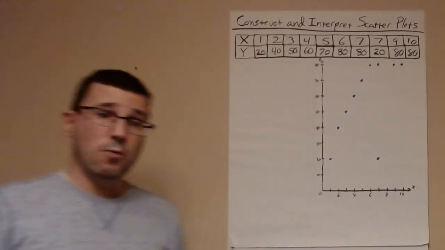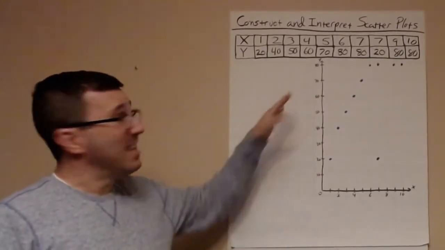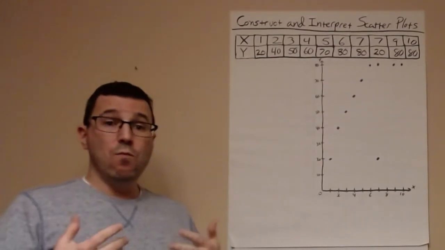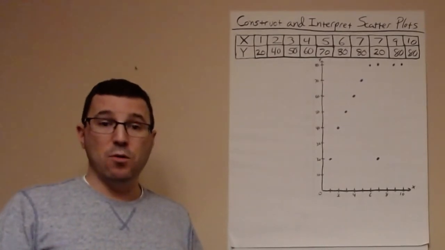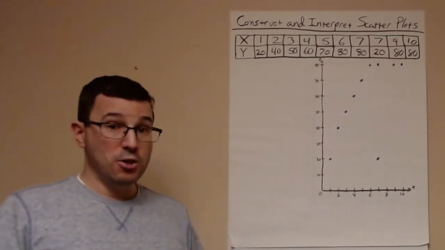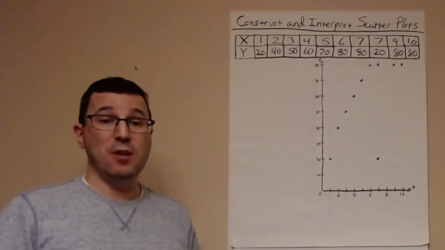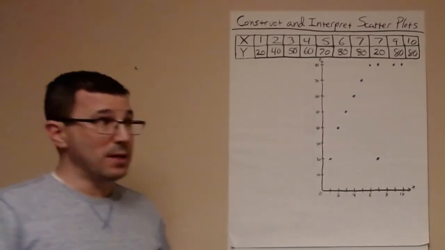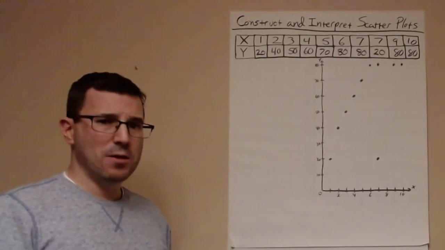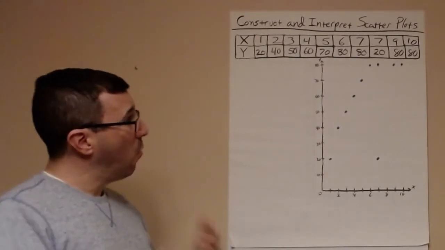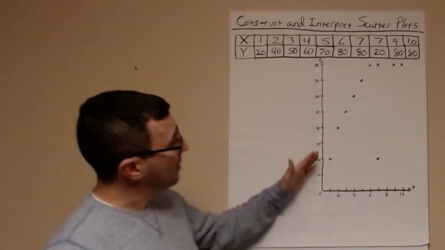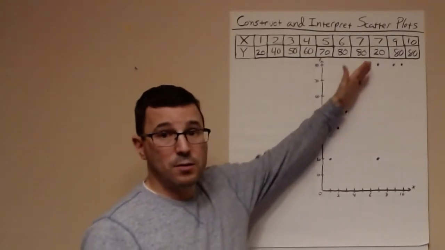And what we'll notice is that in this case we can actually have more than one output for an input. Scatter plots don't necessarily have to be functions. They're just a representation of whatever data we've been given. So looking at this, there's a couple of things I notice. One, if I'm looking at most of the data, it's going up.